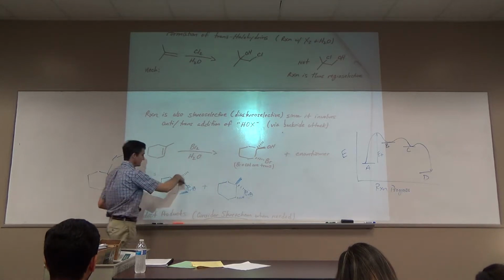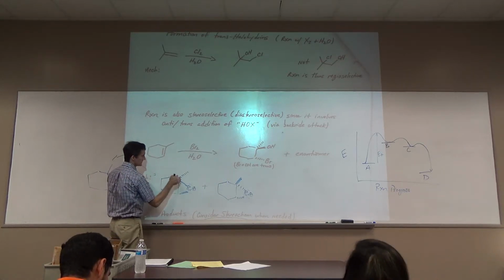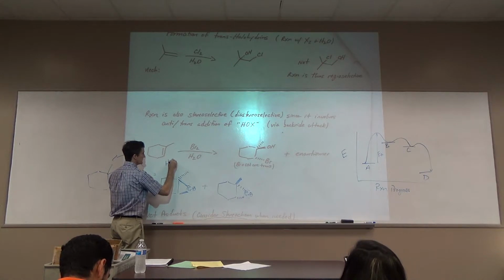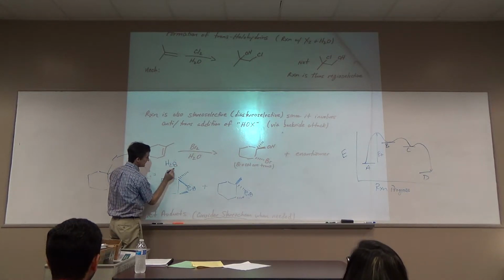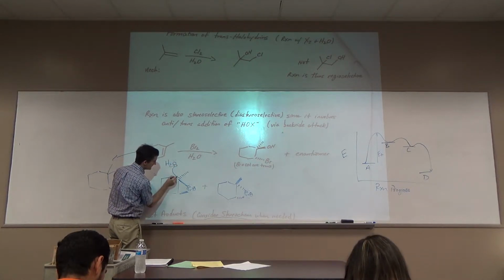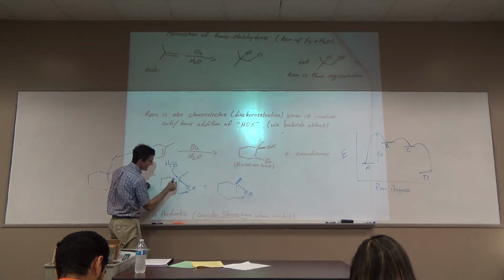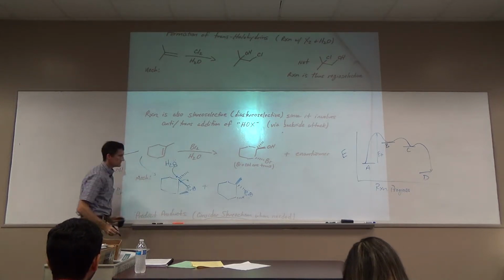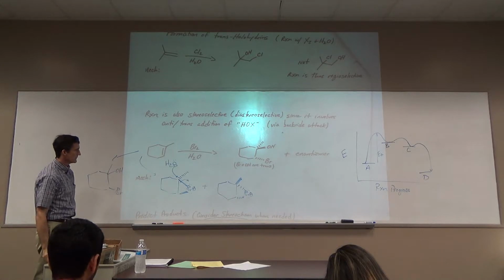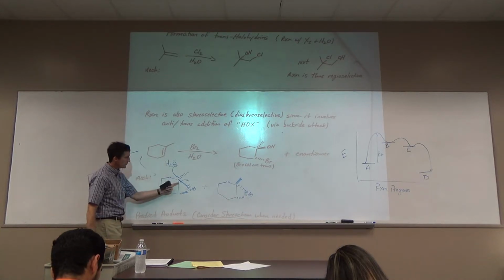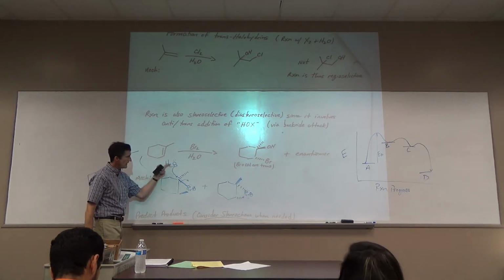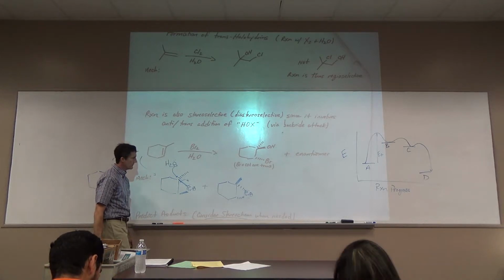Okay. Then, let's just look here. Water attacks, top or bottom? Top, right? So it comes in here. It works its way in here and kicks off the bromine. How does the water come in? If the bromine is forward, how does the water come in? Back.